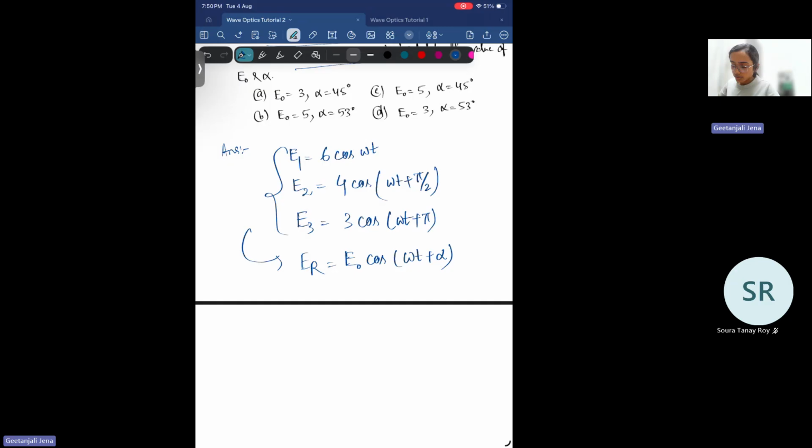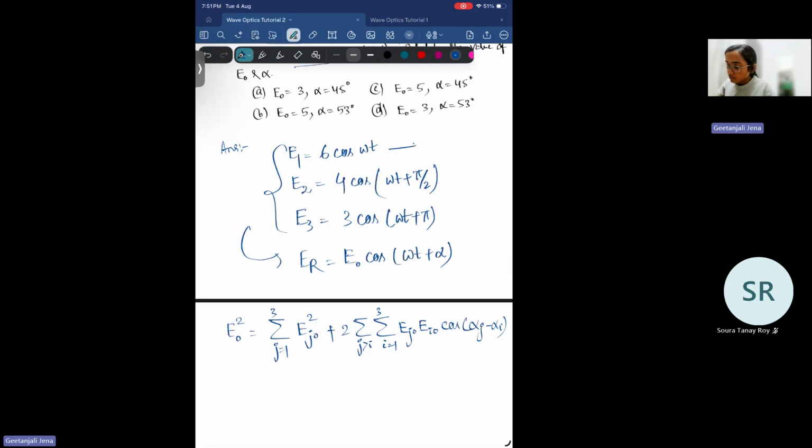So if you recall, to find the final amplitude, we have E0 square is the summation of Ej0 square, j from 1 to 3, plus the summation over j greater than i from 1 to 3, Ej0 Ei0 cos alpha j minus alpha i.